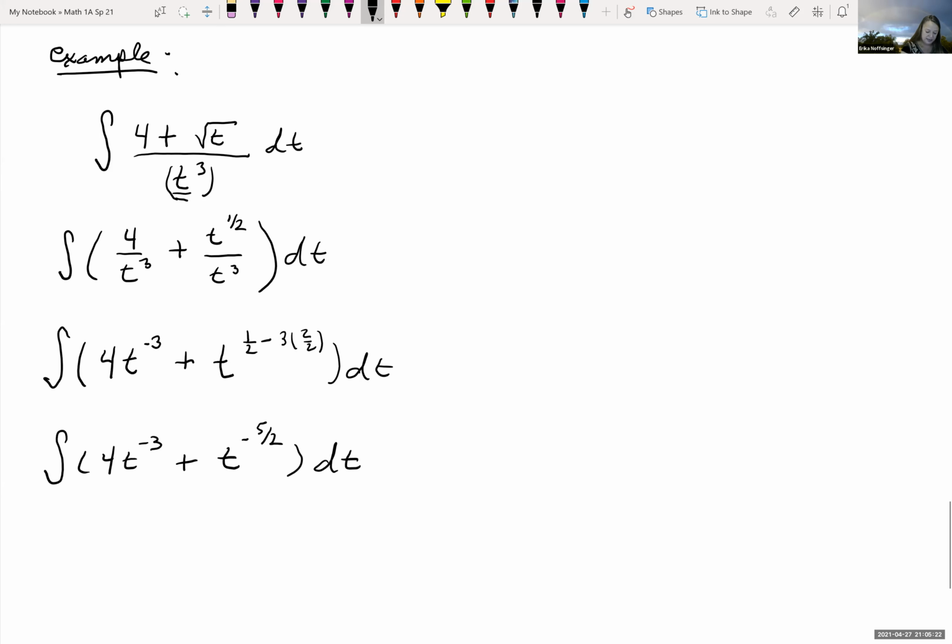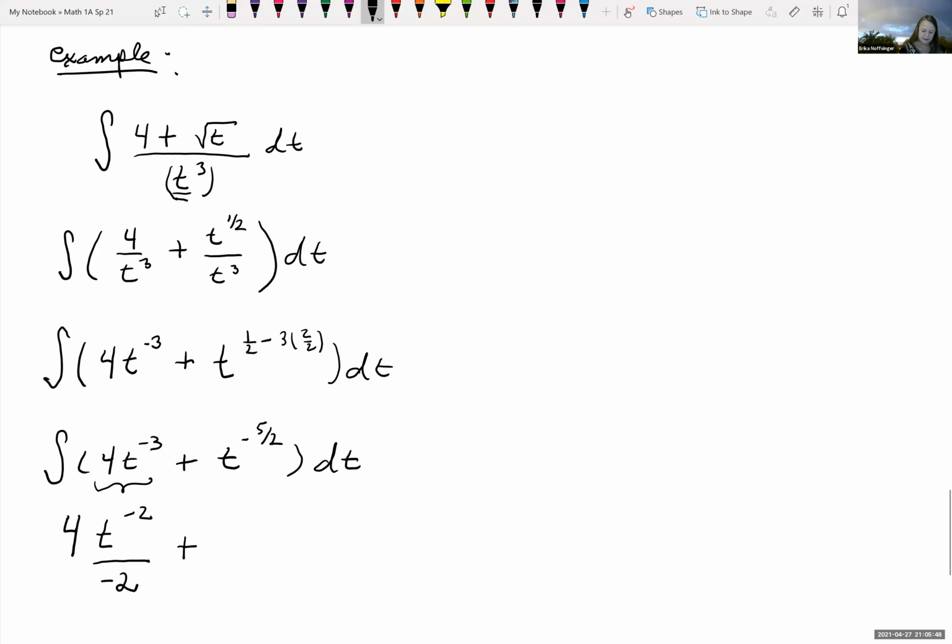Okay, so taking the antiderivative of this first term, I leave my coefficient alone at first, this 4. I'm just looking at t to the -3rd power. So if I add 1 to my exponent, -3 plus 1 gives me -2, and I'm dividing by my new exponent of -2.